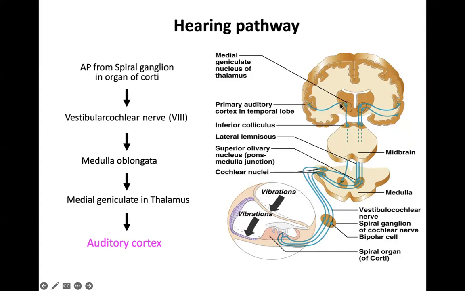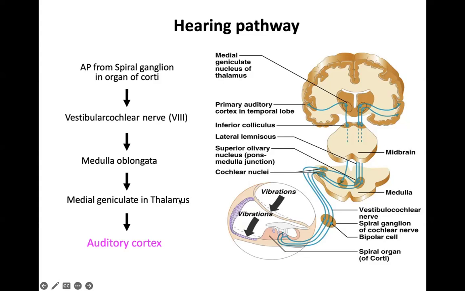And again, another sensory nerve synapses in the thalamus as well. So the final target here is the auditory cortex. When the signal reaches the auditory cortex, then you have the perception of the sound.